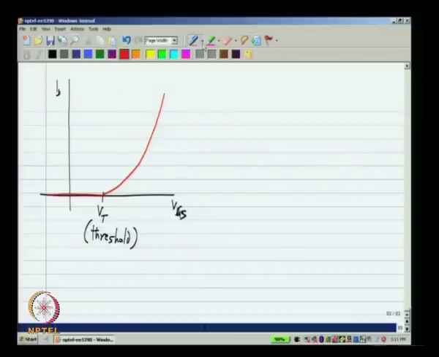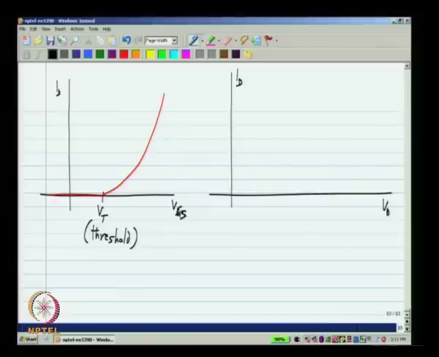Okay. And if you plot ID versus VDS, what happens is when VGS is less than VT, the current is almost 0, and when VGS is greater than VT, in the triode region the current increases and in the saturation region it increases very slowly.